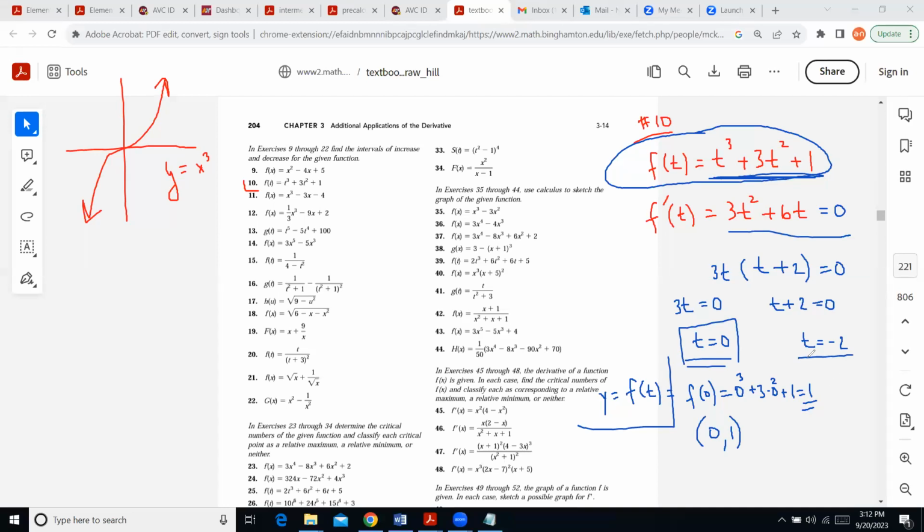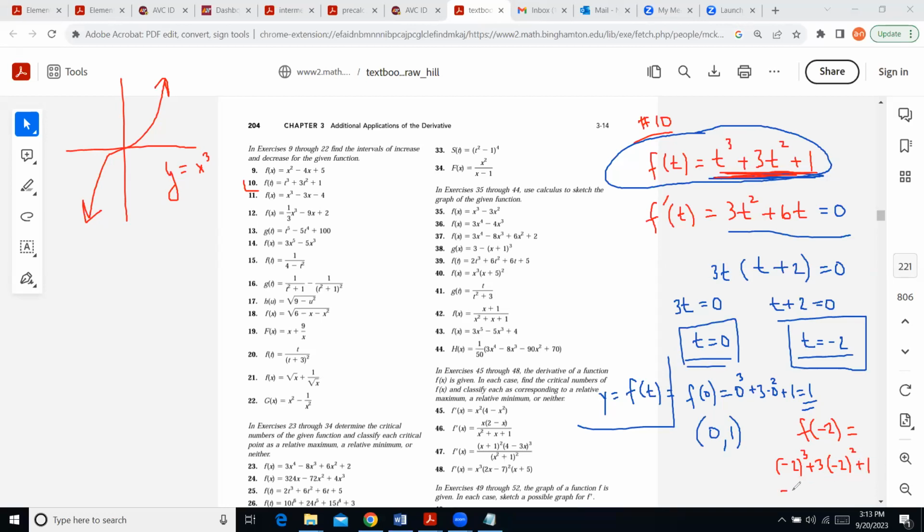Analogously, I'm going to go for the second point when t is equal to -2. Let me get another color. So I plug this in here. So f of, instead of t, I put -2. And again, I just need to utilize my function that now I'm trying to graph. So it'll be negative 2 to the power of 3 plus 3 multiplied by negative 2 squared. And finally, plus 1.